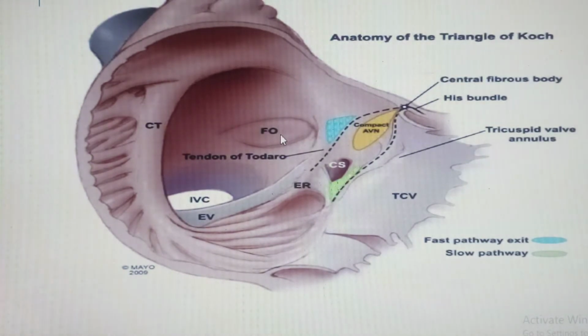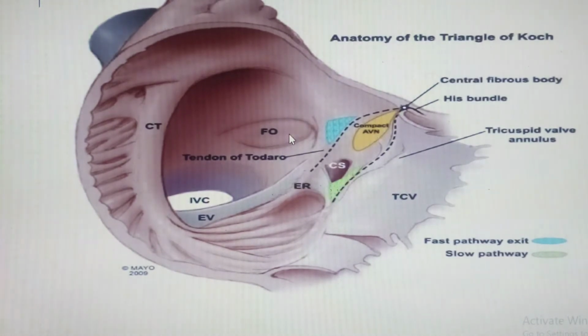Now in fetal life, this fossa ovale was actually the foramen ovale. Immediately after the fetus is delivered and becomes a neonate, by taking in the first breath, we expect that it gets occluded.